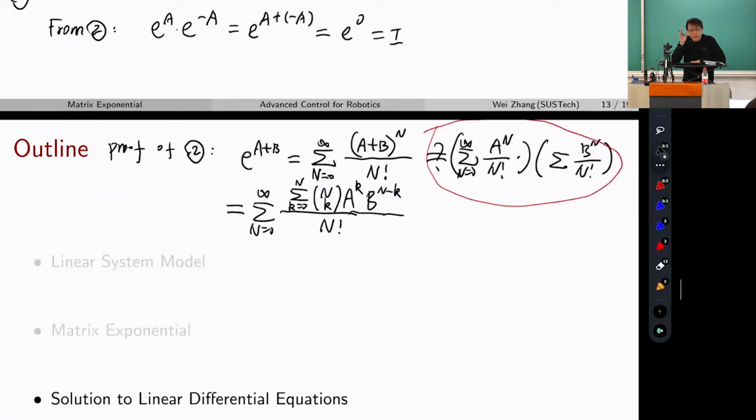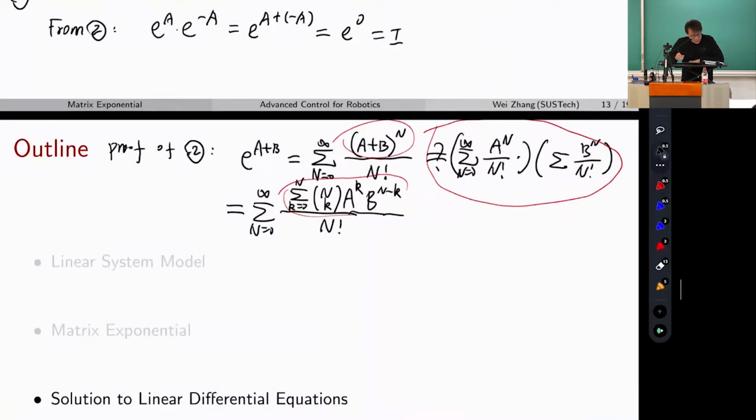This step holds only when A times B equals B times A. That's when you can group terms. Otherwise, they will be different, right? So that's where we use this property or condition.